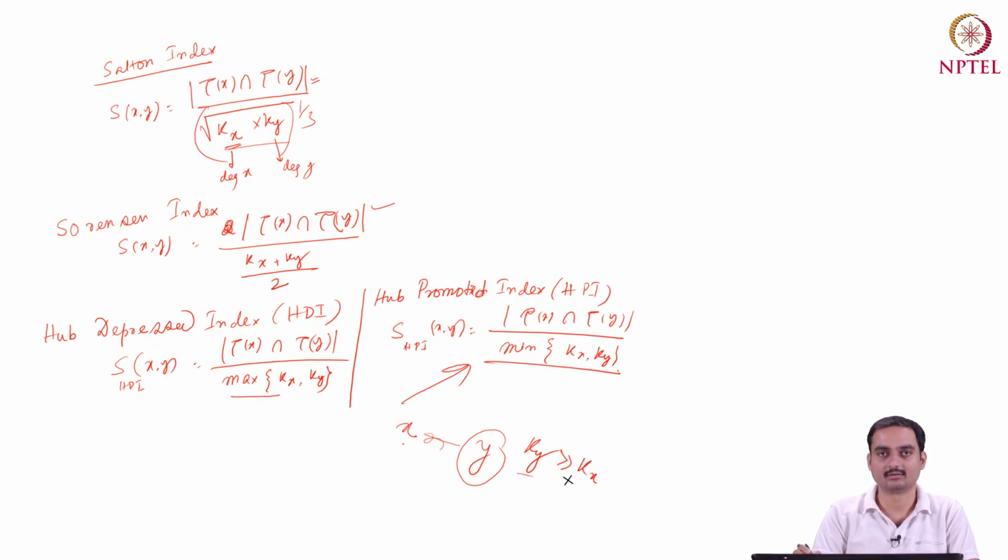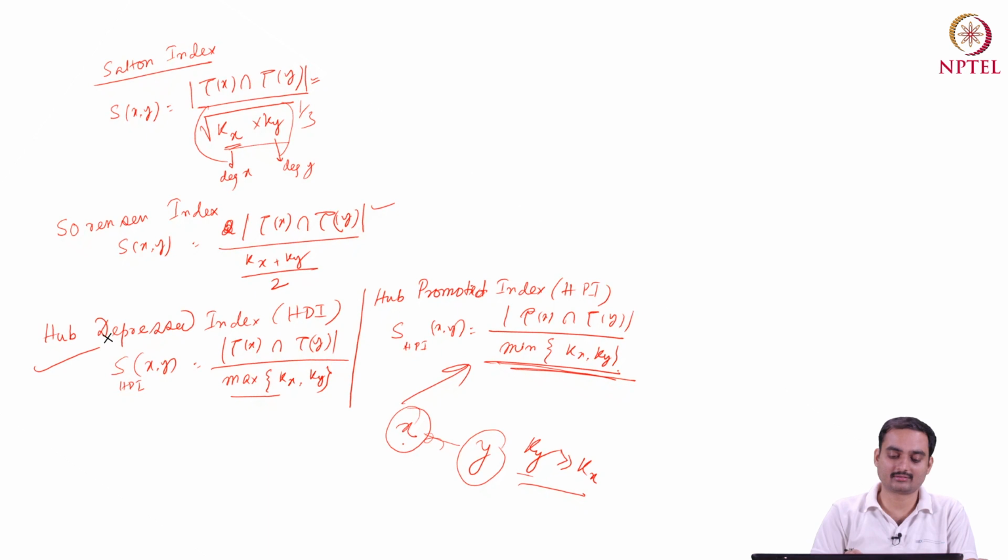Therefore when you take the minimum of this, always the other node which is not the hub will be considered in the denominator. In other words, the hub promotes the other node to use its own degree. So you will be better off if you are surrounded by hubs.